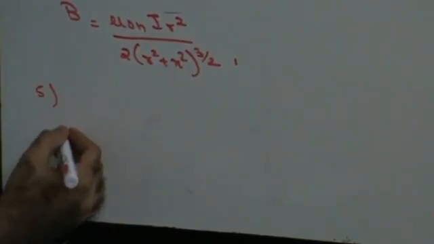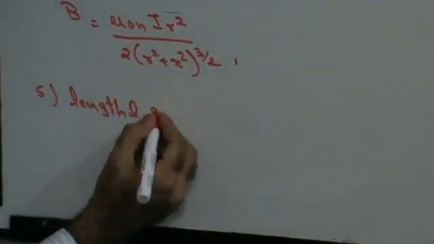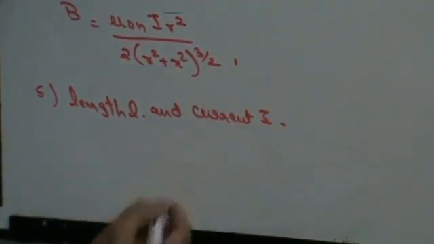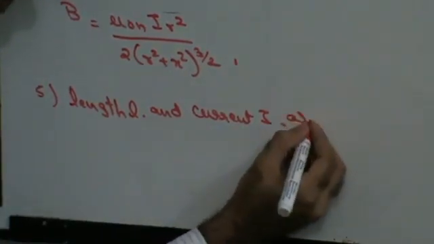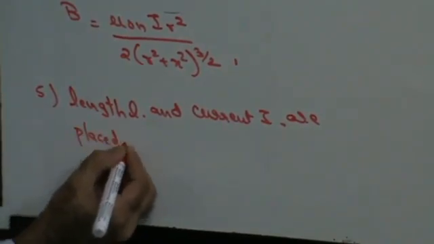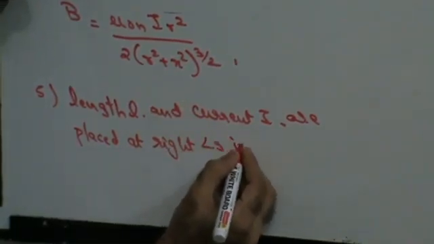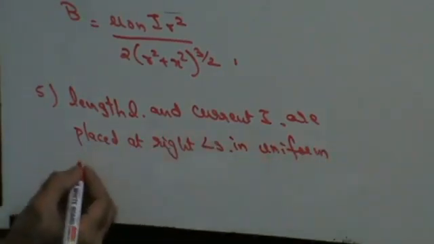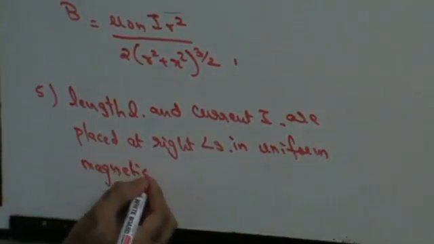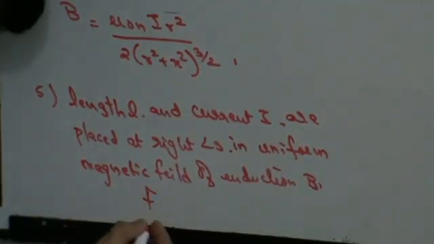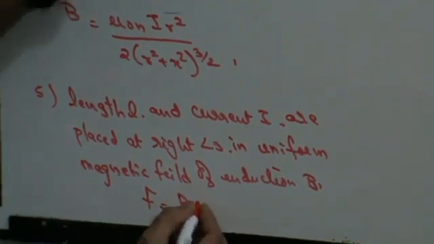Suppose the length L and current I are placed at right angles in a uniform magnetic field of induction B, then the force acting on them is nothing but F equals BIL.